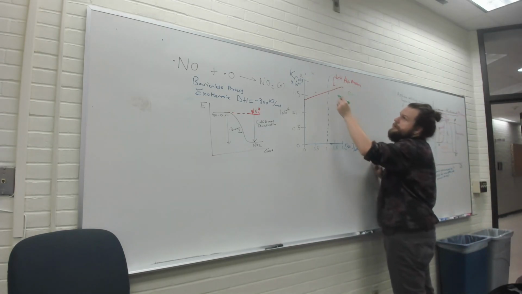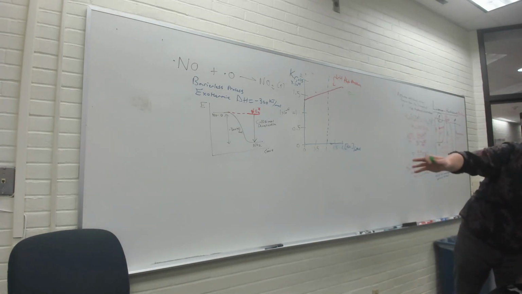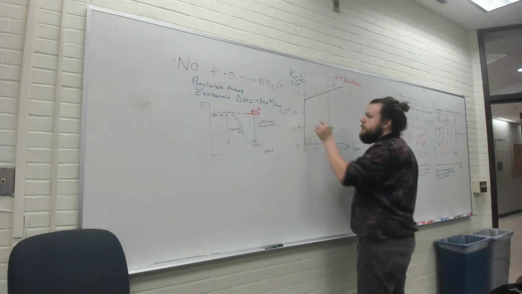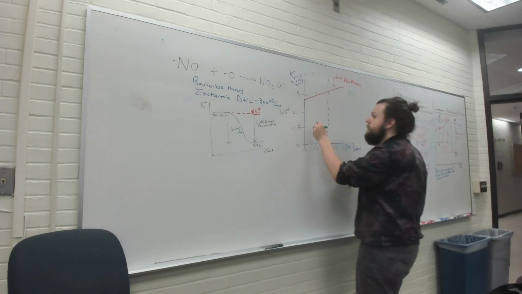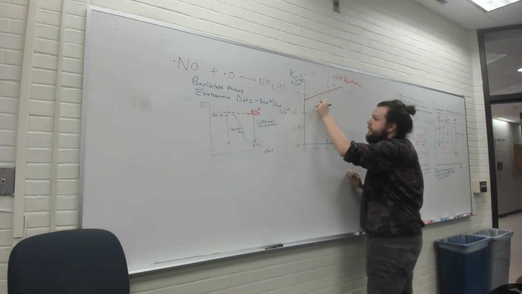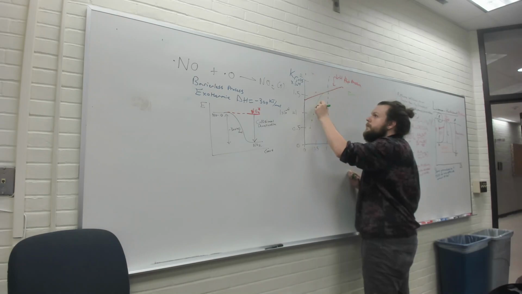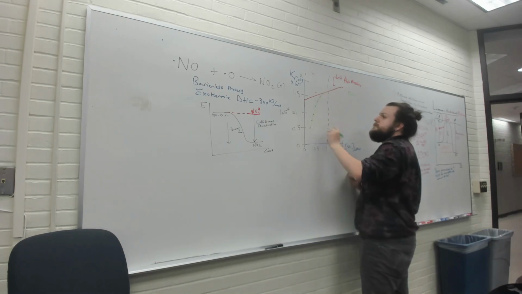At high pressure it agrees nicely, but as you start to cool off, or as you start to reduce the pressure, where does this cut off? 0.5. The system starts to deviate like this. So this is experiment.